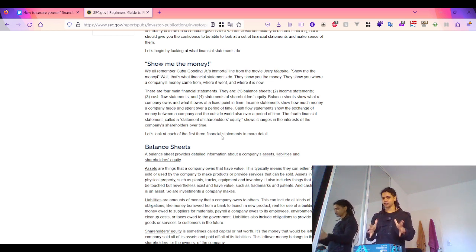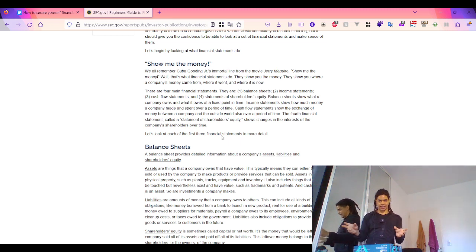And the cash flow statement reports the company's inflow and outflow of cash over a period of time. It reviews some information from the balance sheet and the income statement. The bottom line of this shows the net increase or decrease in cash.